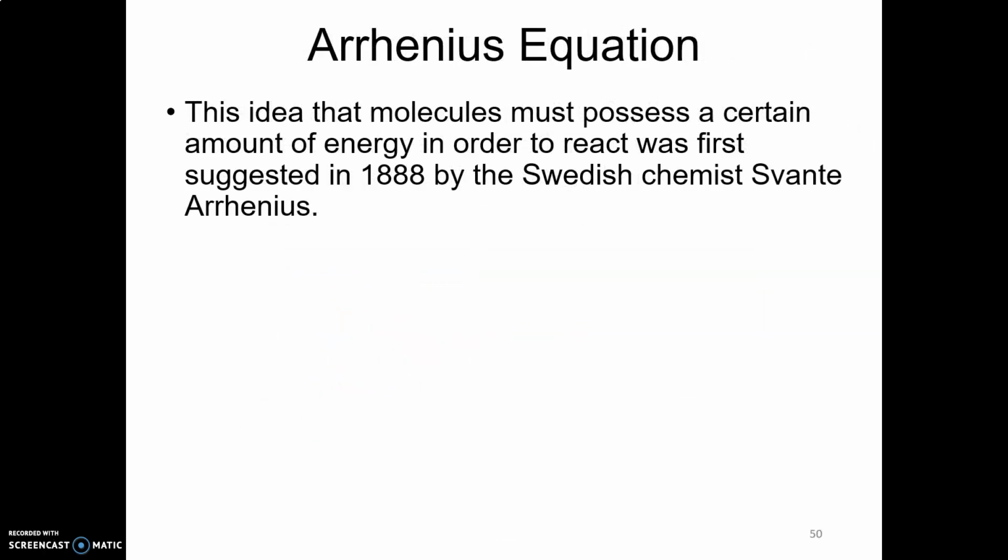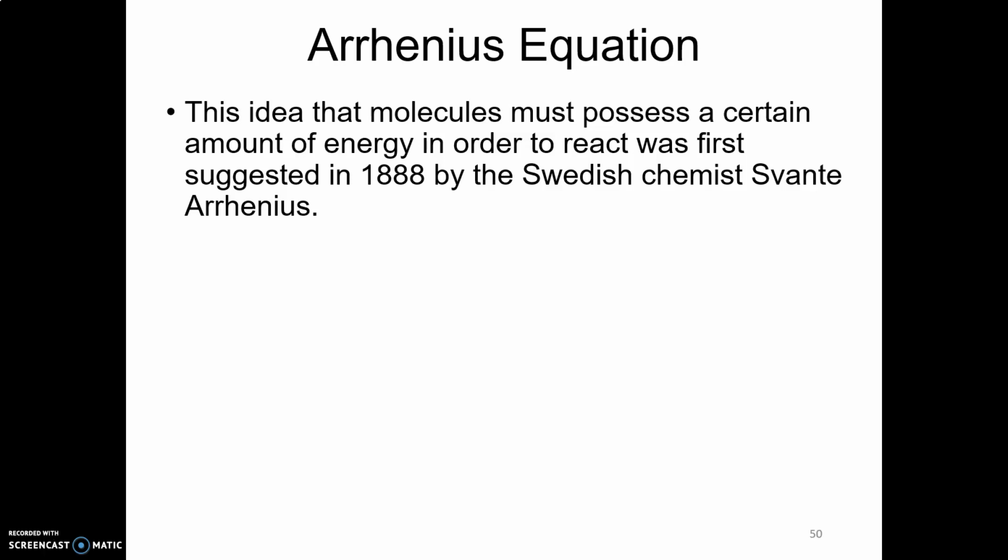Okay, but we can relate this idea of energy and how it relates to a rate law through k by using the Arrhenius equation, which you've actually seen this guy before. This is not the first time I've told you about this chemist.